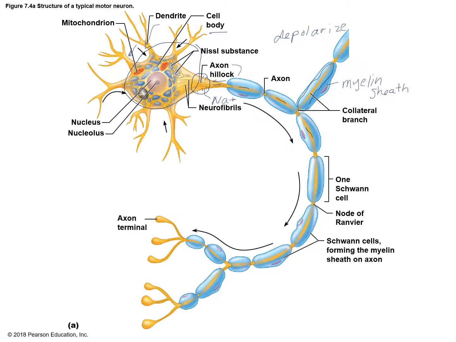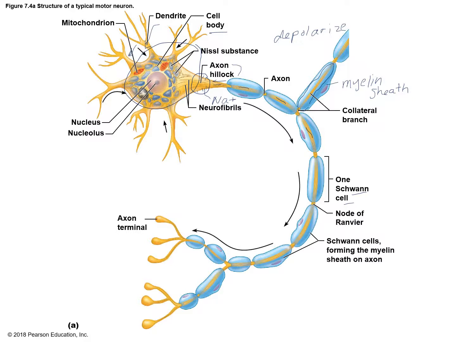And remember, there's two different types of glial cells that form the myelin sheath: oligodendrocytes within the central nervous system, and then the Schwann cell within the peripheral nervous system. So this would be representing a neuron within, say, a cranial or a spinal nerve, not within the brain or spinal cord.